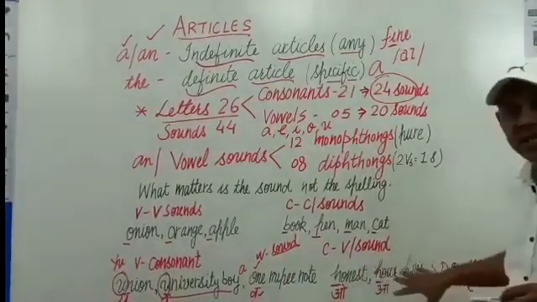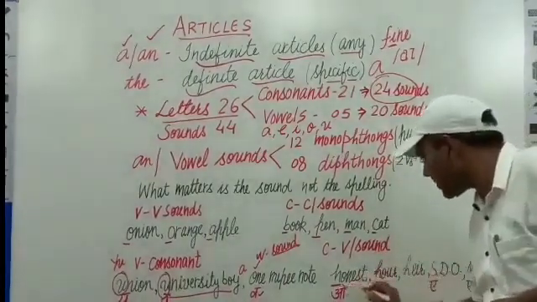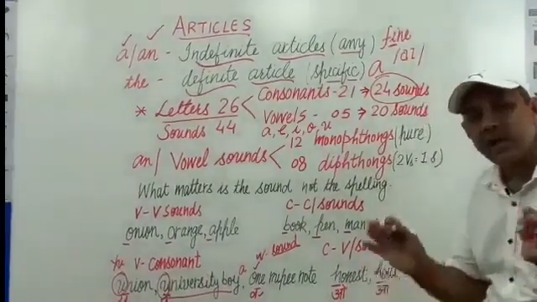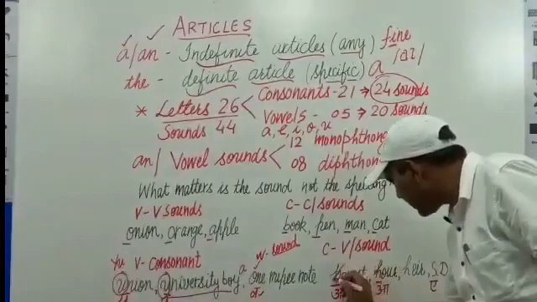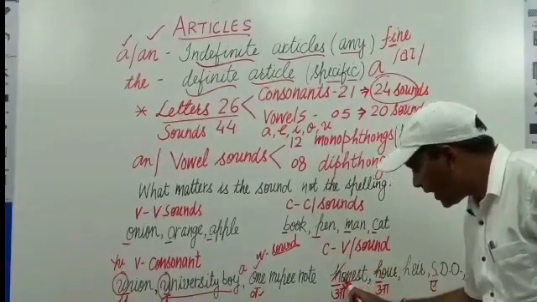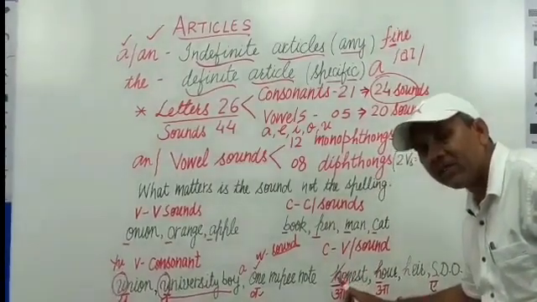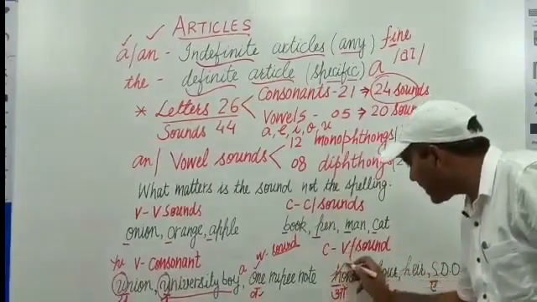Let's take a few examples. Here, honest, as in an honest man. In most of the words, if O is followed by H at the initial position, H is silent.